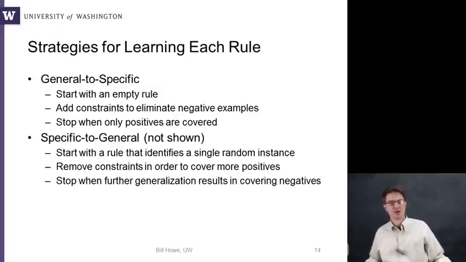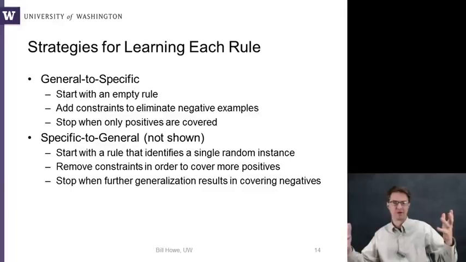But you could also imagine going specific to general, which is starting with a particular instance and constructing a rule that exactly specifies that particular instance, right? So it has a constraint for every attribute and uniquely describes that one data point. And then you could remove conditions one by one in order to try to cover more positive examples, and stop whenever you hit one that covers some negative examples. Okay, and then you move on to the next rule.